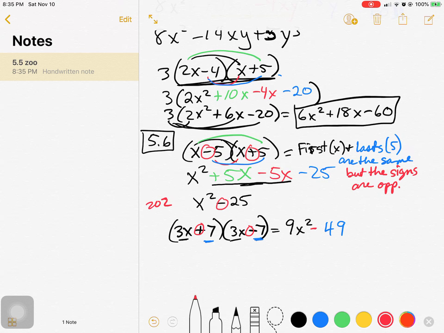Now you can remember to do that, or just keep doing what we've been doing, which is first, that's 9x squared, and then outside is negative 21x, and then inside is negative 21x, and last, 7 times 7 is a negative 49. Oops, what was, okay, so this times that was negative. This one's a positive, sorry. Okay, so what happens is these two go away, and you get that.